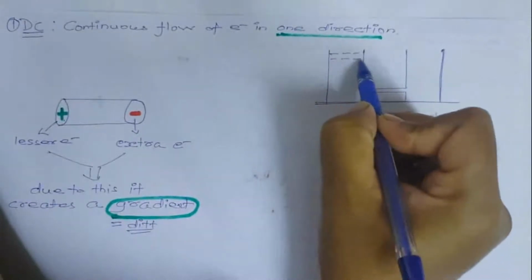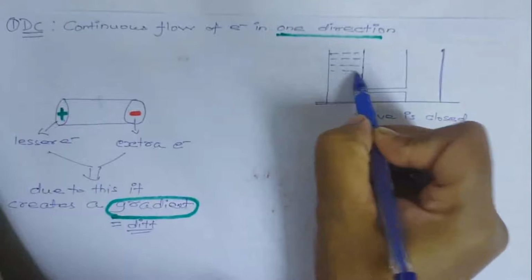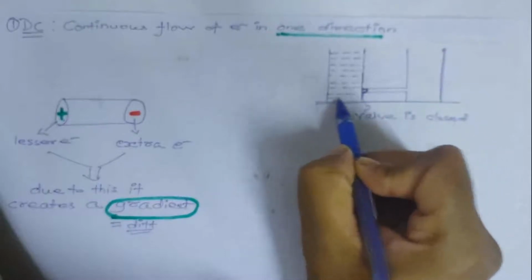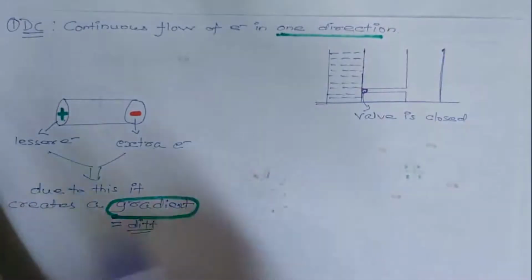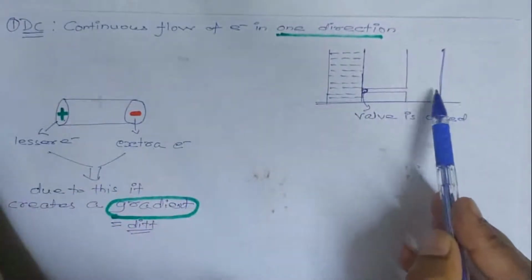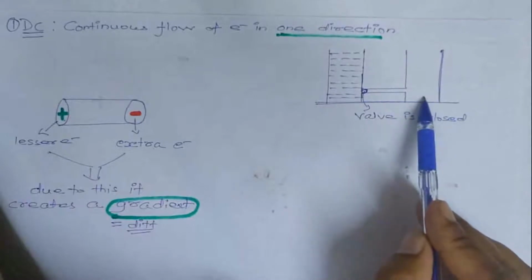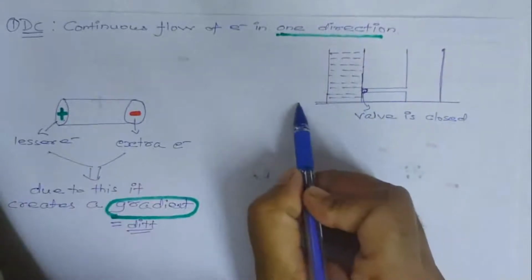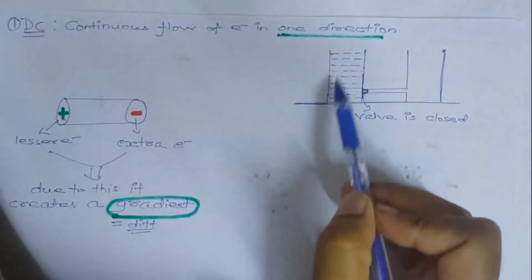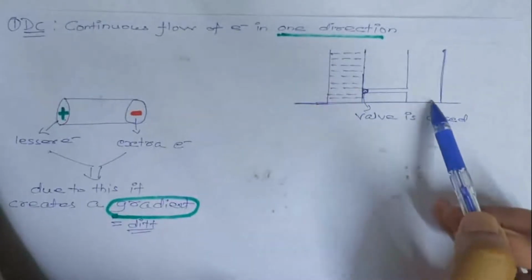It will appear something like this. Agree? The valve is closed, and we have left it as it is. So what we see is that this tank is full of water and the other is empty.